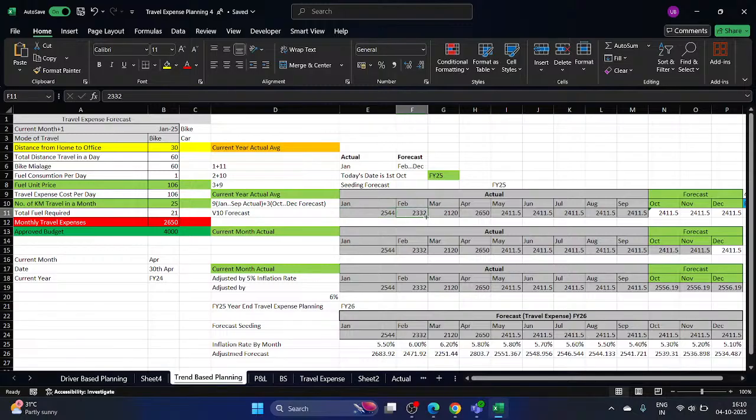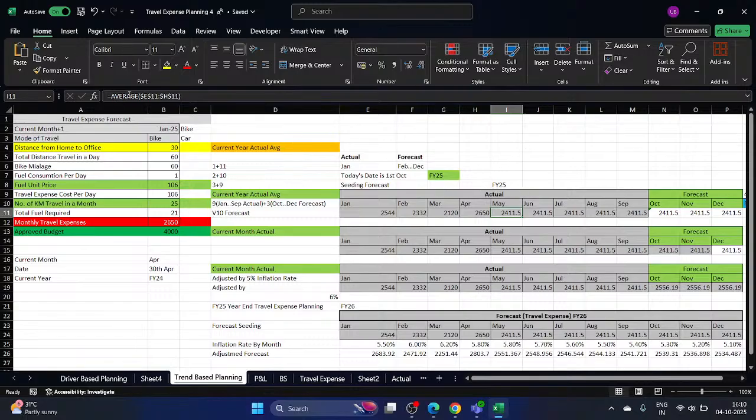Here is the actual expense of Feb month, this is the March month, and here the April month, this is the actual. But if we want to find the upcoming months, we can do the average. We can adopt the trend for finding the upcoming months of travel expense.